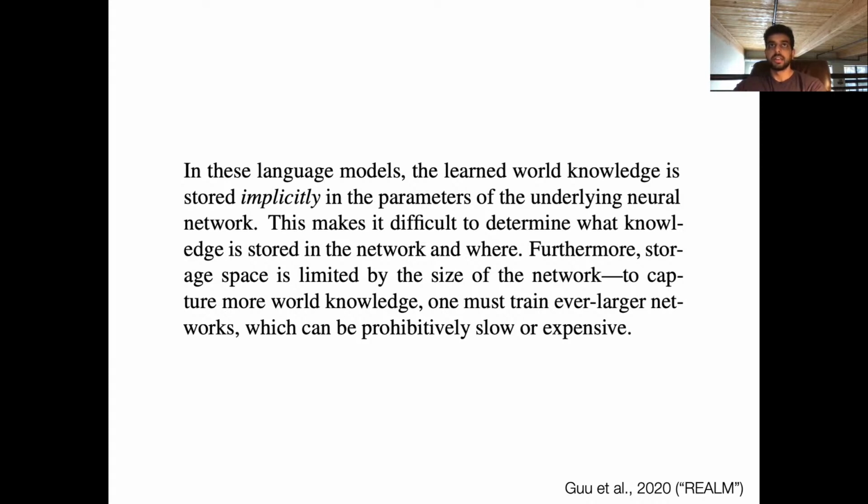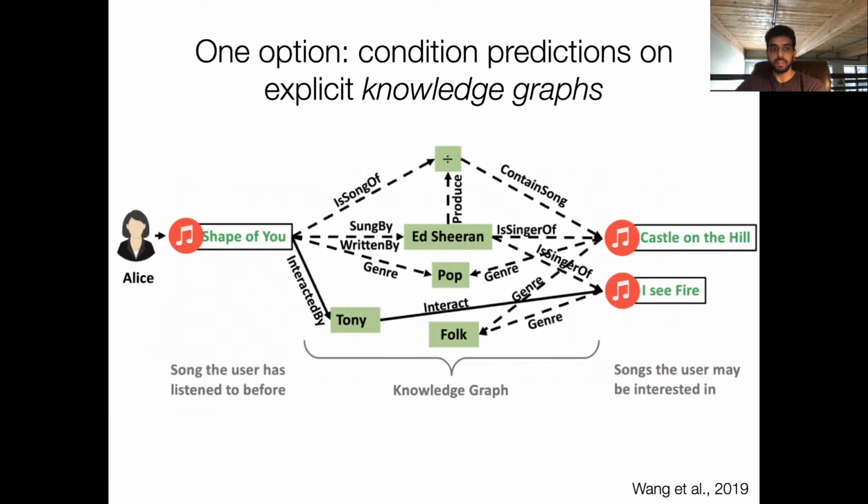If the only place that the model can store knowledge is in its parameters, then if we want to continue increasing the amount of knowledge that our model can learn, we need to keep scaling up the model size, which of course is slow and expensive. As we've seen with GPT-3, you can do this anyway, but maybe there are alternatives to this brute force scaling.